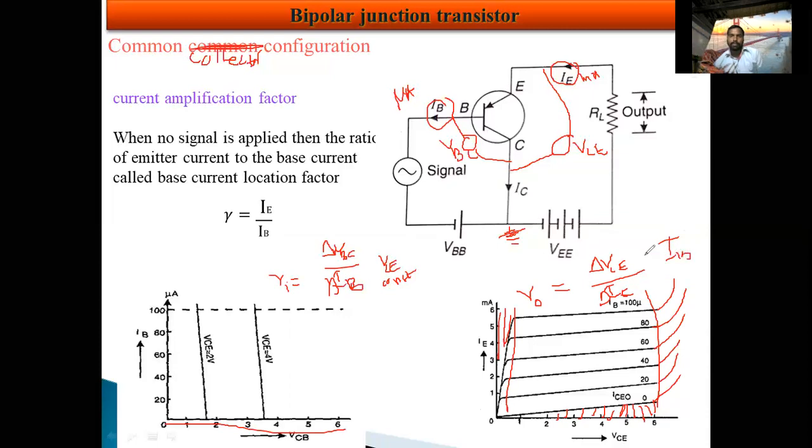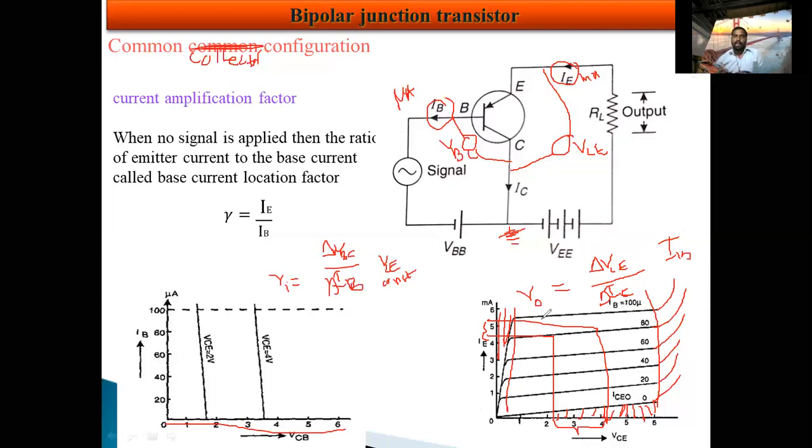We take it like this. This is the delta IE value, and this is the delta VCE value.